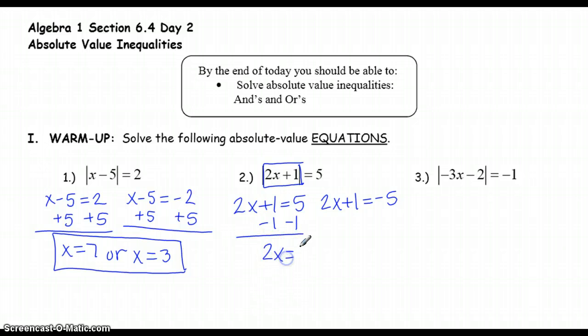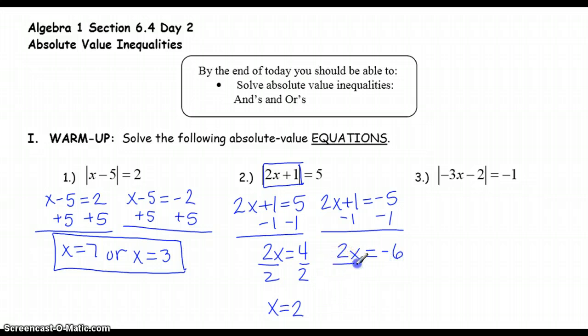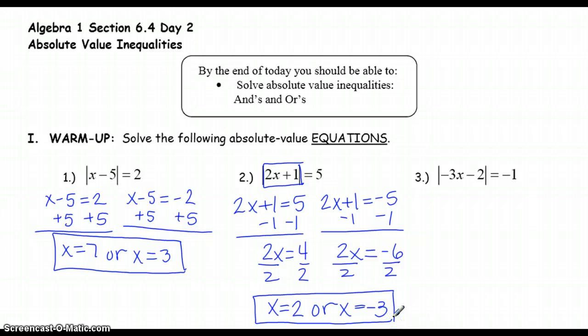Subtract 1 from both sides. 2x equals 4. Divide both sides by 2. So x can equal 2. 2x equals negative 6. Divide both sides by 2. x can equal negative 3. So in this problem, x can equal 2 or can equal negative 3.